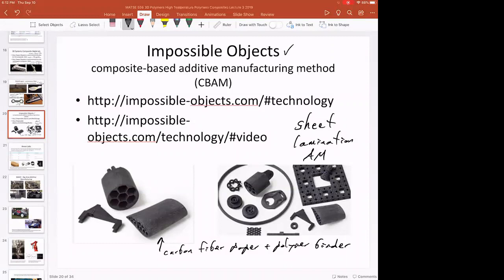You can buy a lot of carbon papers, it turns out. And then the key is, how do you integrate the polymer into that and get the material all set up for cutting out the sheets and then bonding and sintering them together. So this is something that you can investigate on your own if you're interested in sheet lamination AM, but I wanted to make sure it was there and represented.